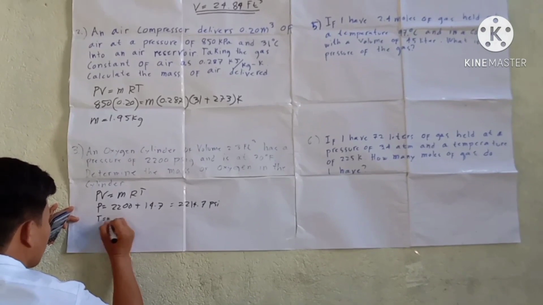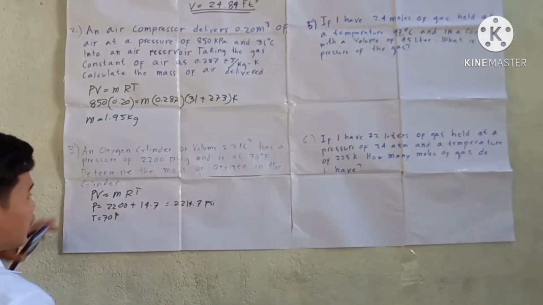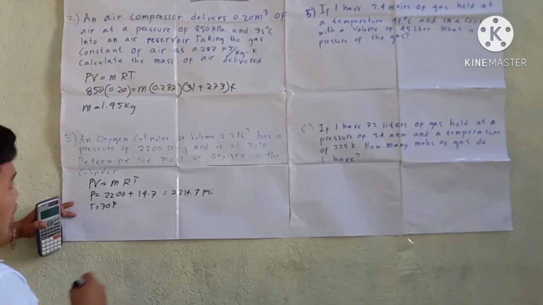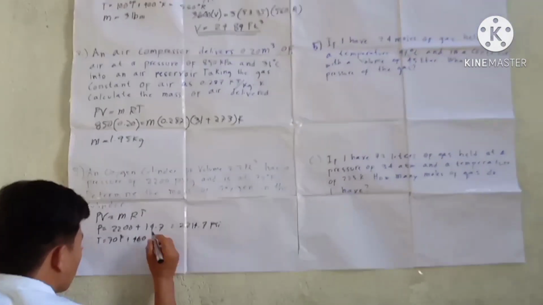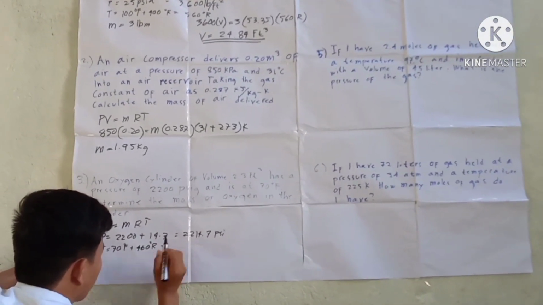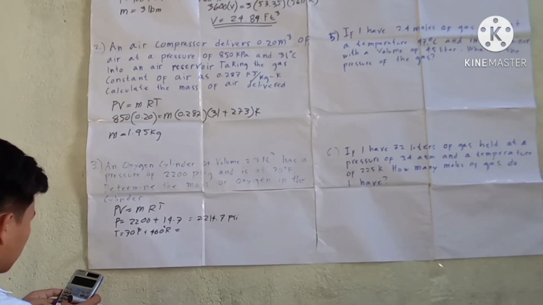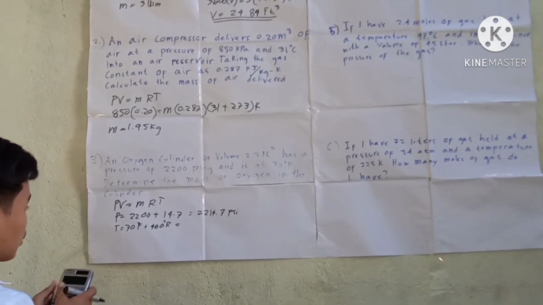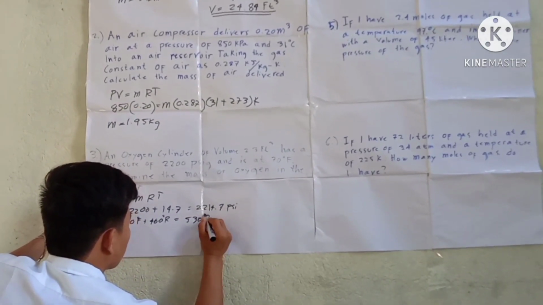Then the temperature given is 70 Fahrenheit. So we need to add 460 Rankine in order to get the value in Rankine. So 70 plus 460 equals 530 Rankine.